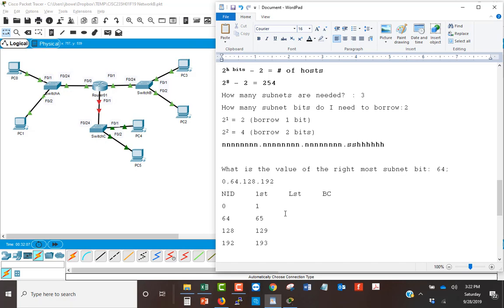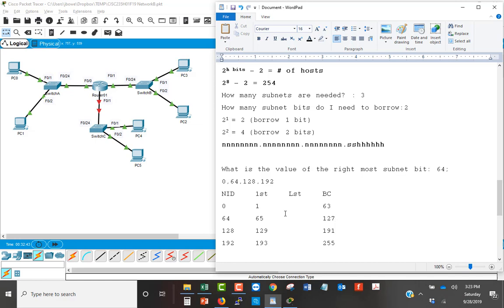Now I'm going to jump out to the broadcast addresses: 255, this is going to be 191, this is going to be 127, and this is going to be 63. And that should be 127, not 128. There we go. Does that all look right?